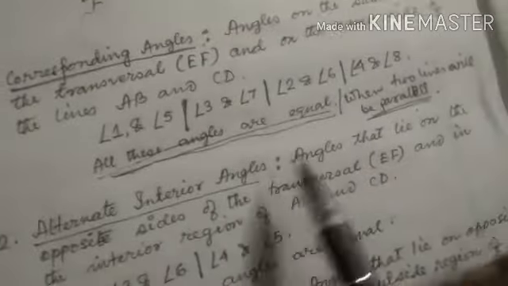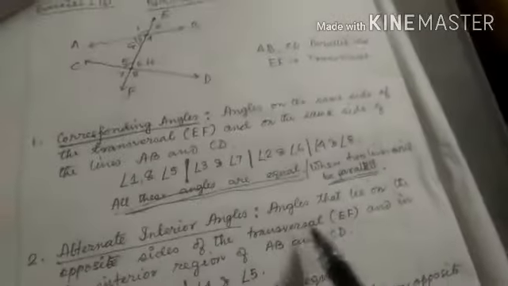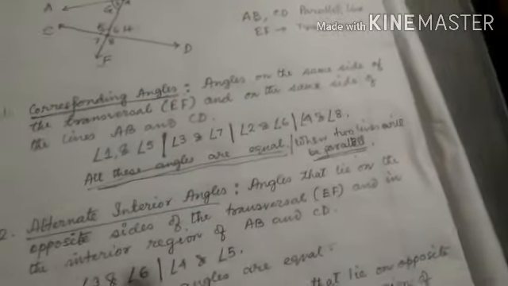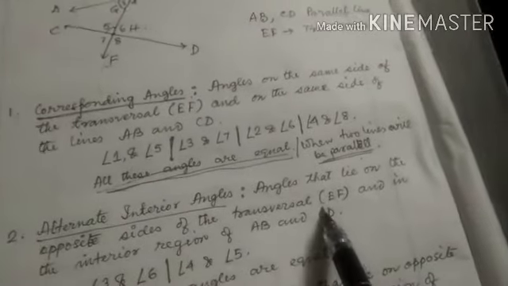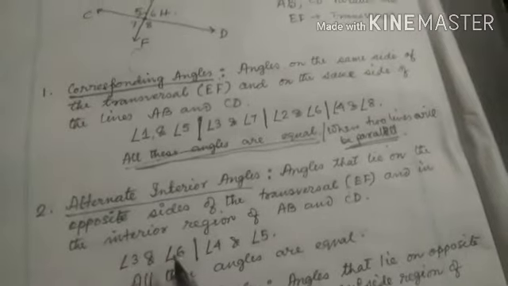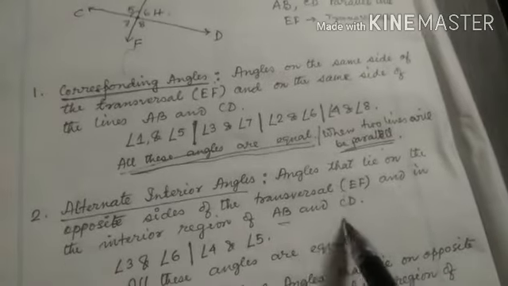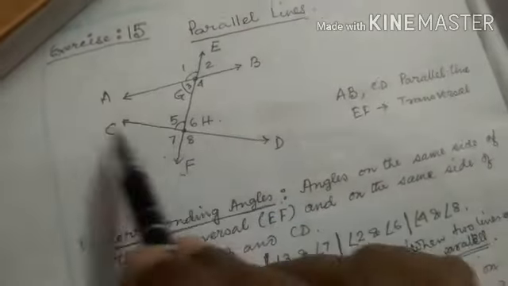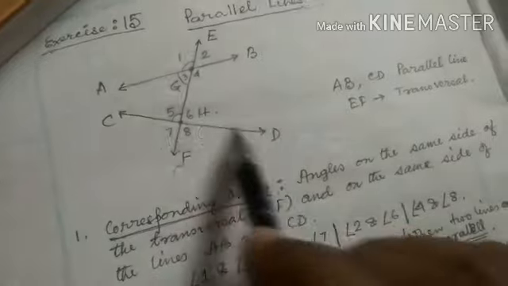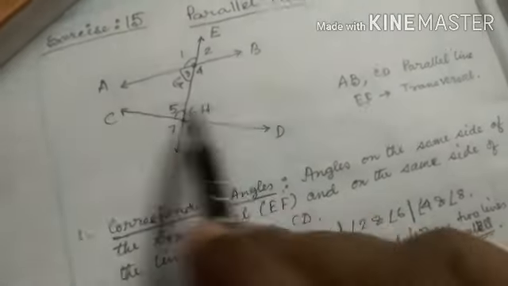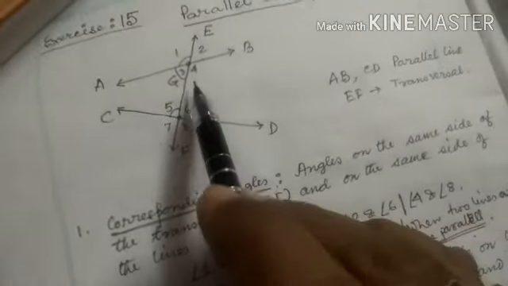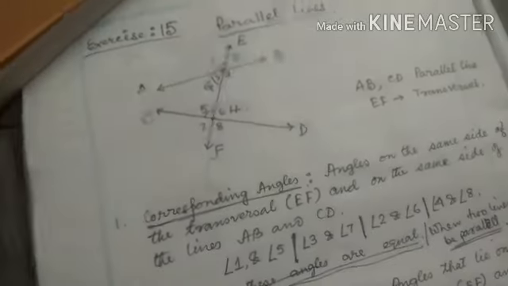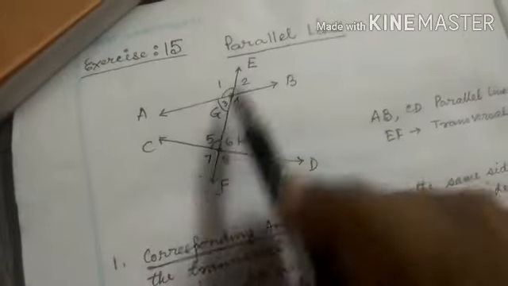Now alternate interior angles. What is alternate interior angles? Angles that lie on the opposite sides of the transversal and in the interior region of AB and CD. What is interior region? This is AB and this is CD. This portion is the interior portion of the lines. All the angles in this region will be alternate interior angles if the angles are on opposite sides of the transversal.